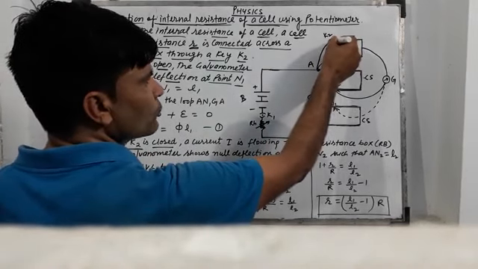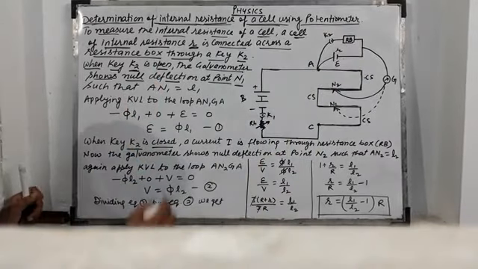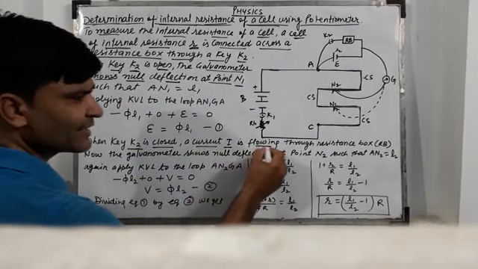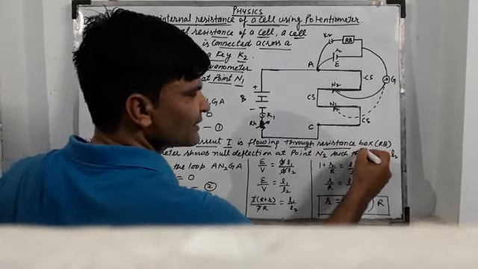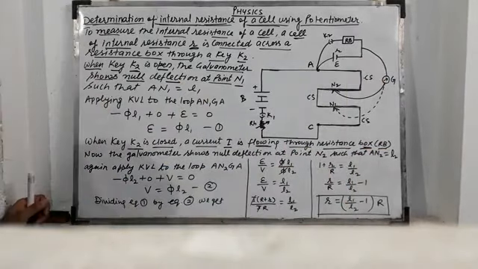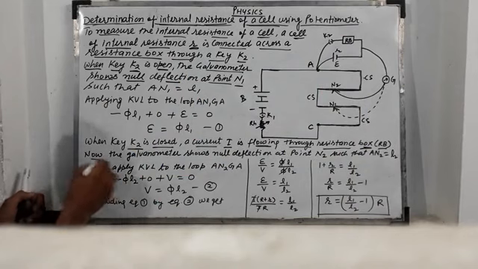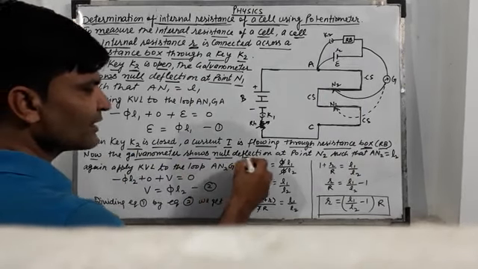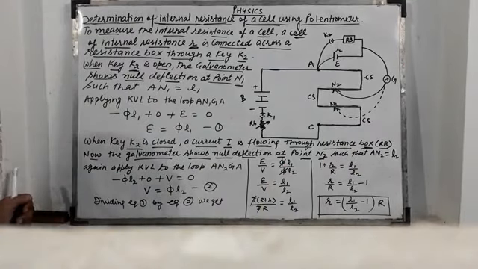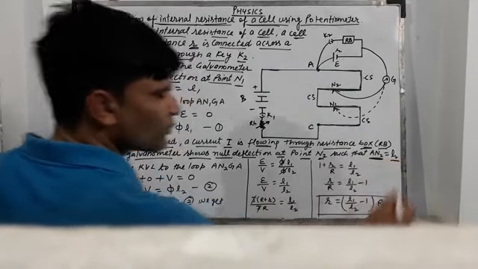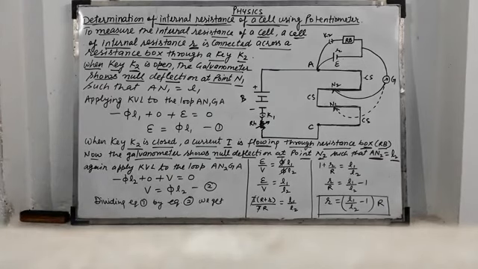Key K2 is closed. A current I is flowing from the cell through the resistance box RB. Now the galvanometer shows null deflection at point N2 such that AN2 is equal to L2.